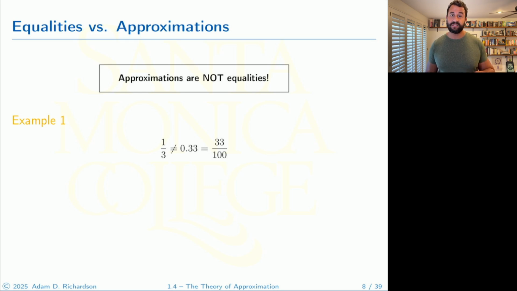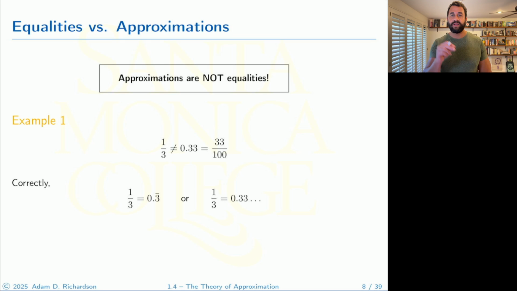Depending on the context, they could be worlds apart, depending on what we need to use it for. So if we wanted to write it correctly as a decimal, we could say 1/3 is 0.3 repeating. That's probably the most accurate way of writing it as a decimal. Or you could use the dot dot dot notation. The only issue is it can be a little bit ambiguous because we also use that to mean it keeps going.